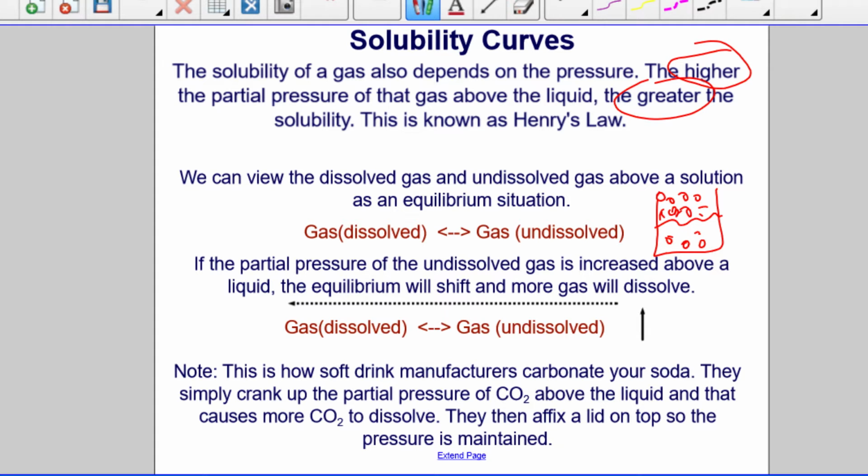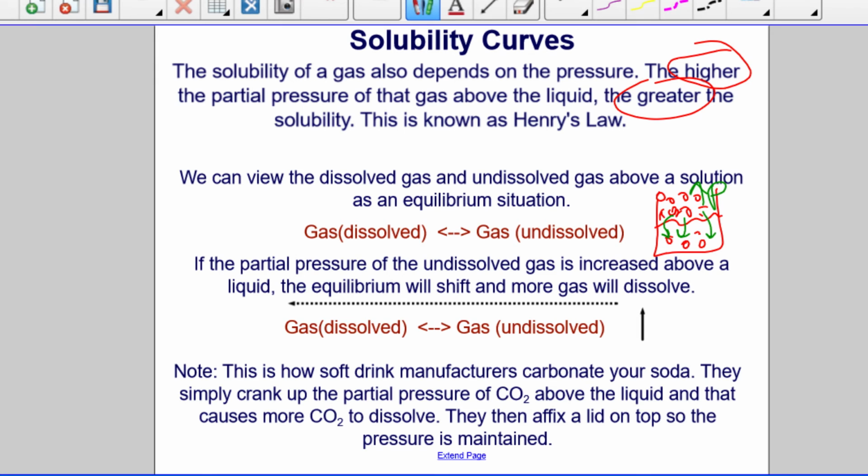If you increase the pressure here, you're going to force more of these gas molecules into the liquid. Okay? So if the partial pressure of the undissolved gas is increased above a liquid, the equilibrium will shift and more gas will dissolve.